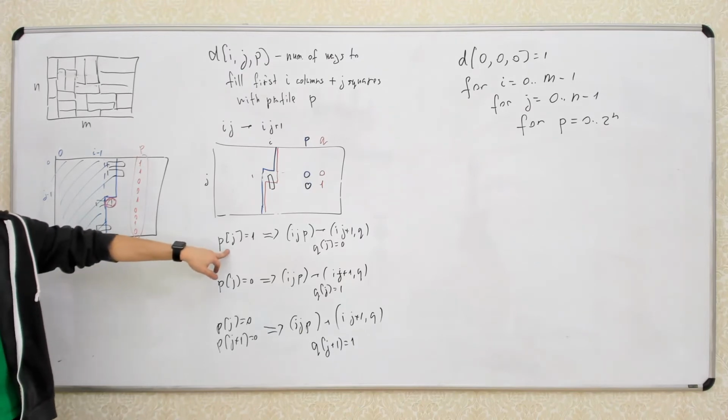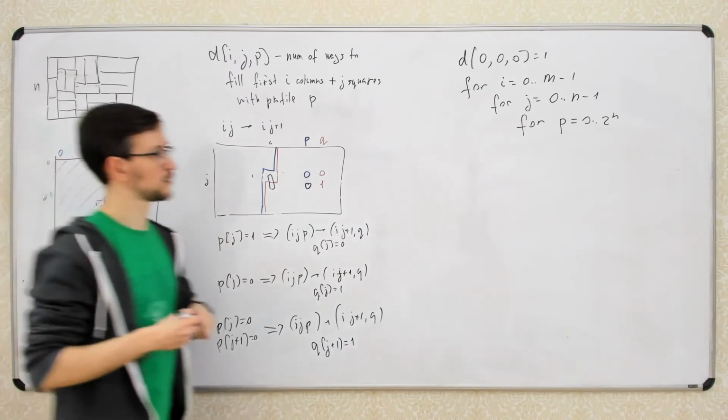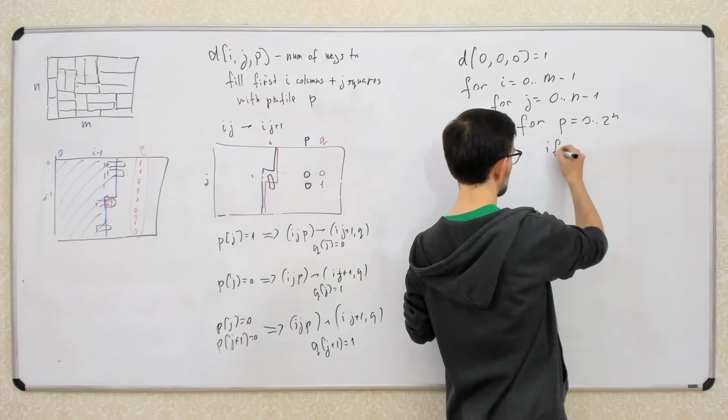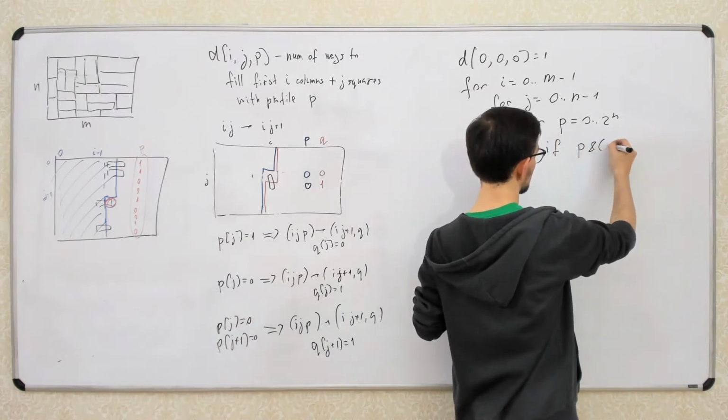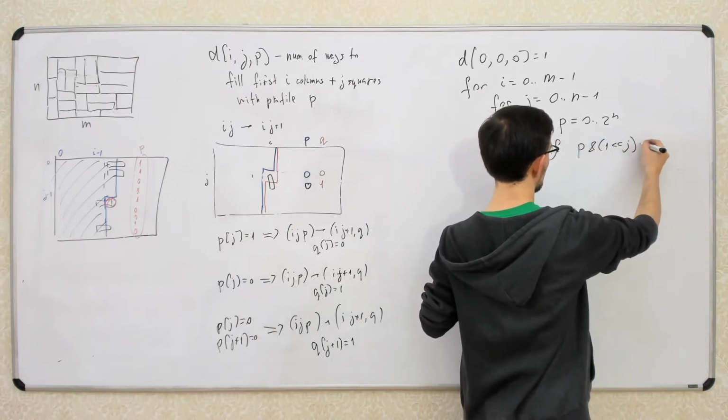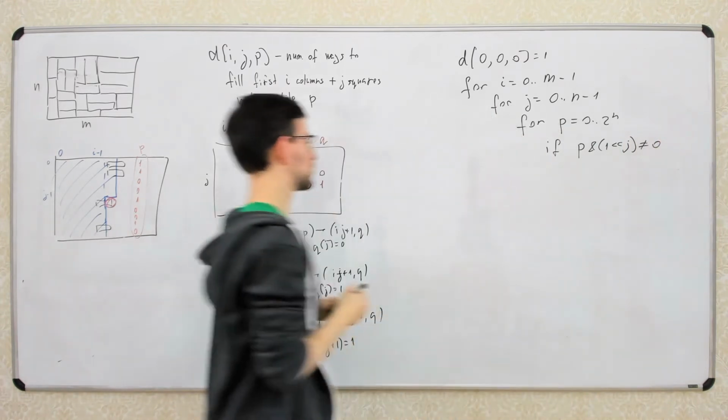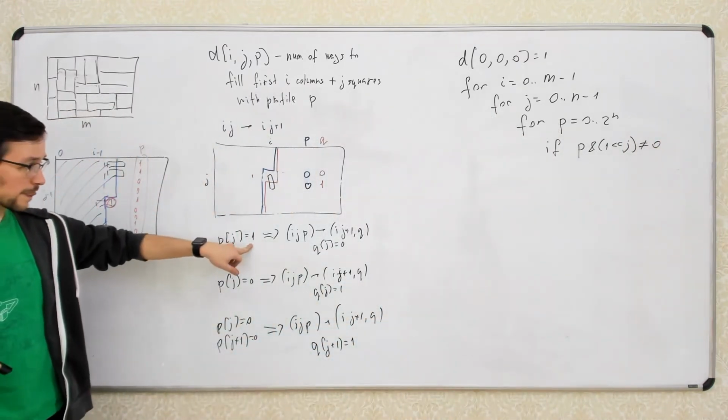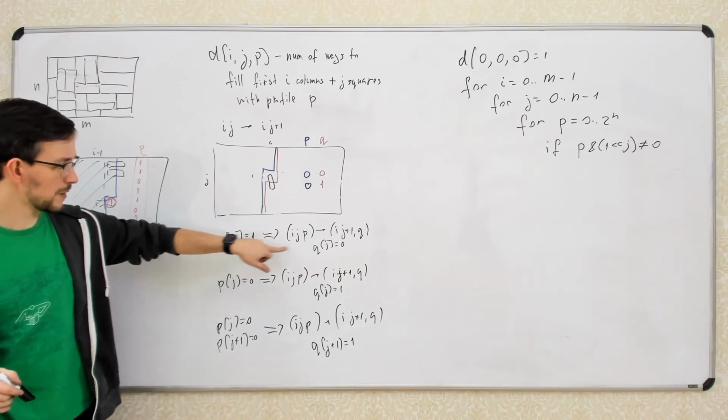So how to check if the bit is 1? Well, like we did before, we see if p and 1 shifted by j is not equal to 0, it means that it's 1. We make this transition.